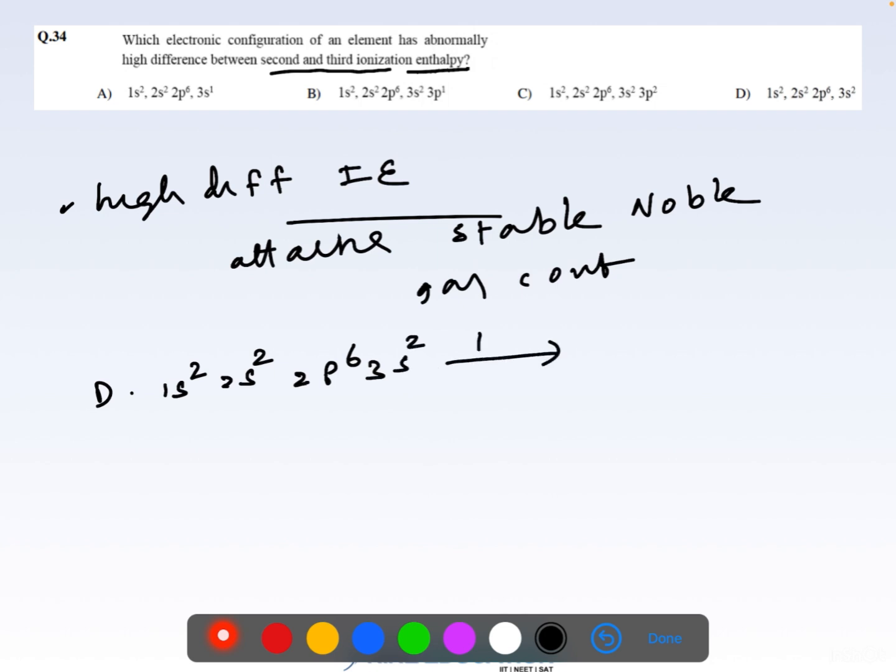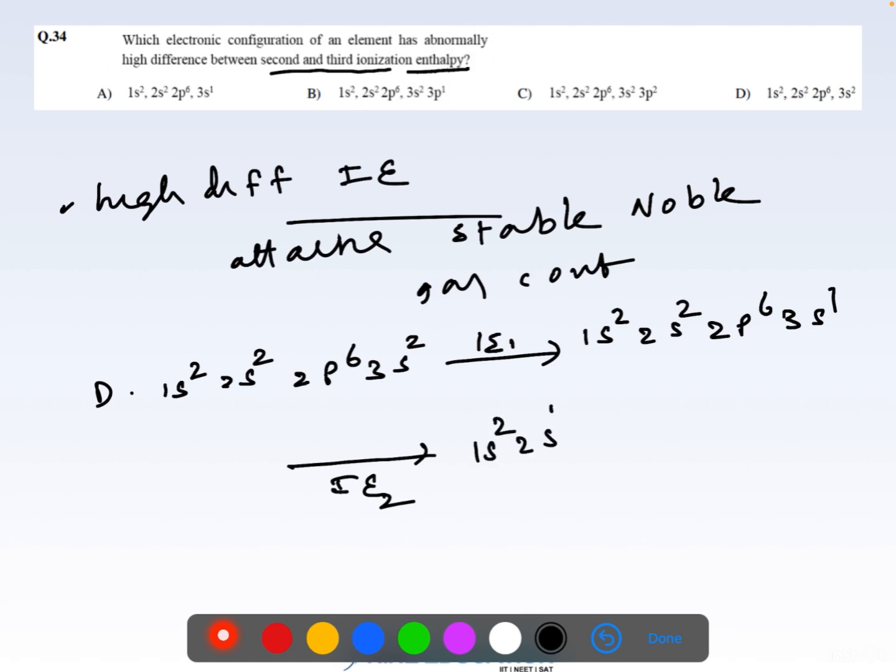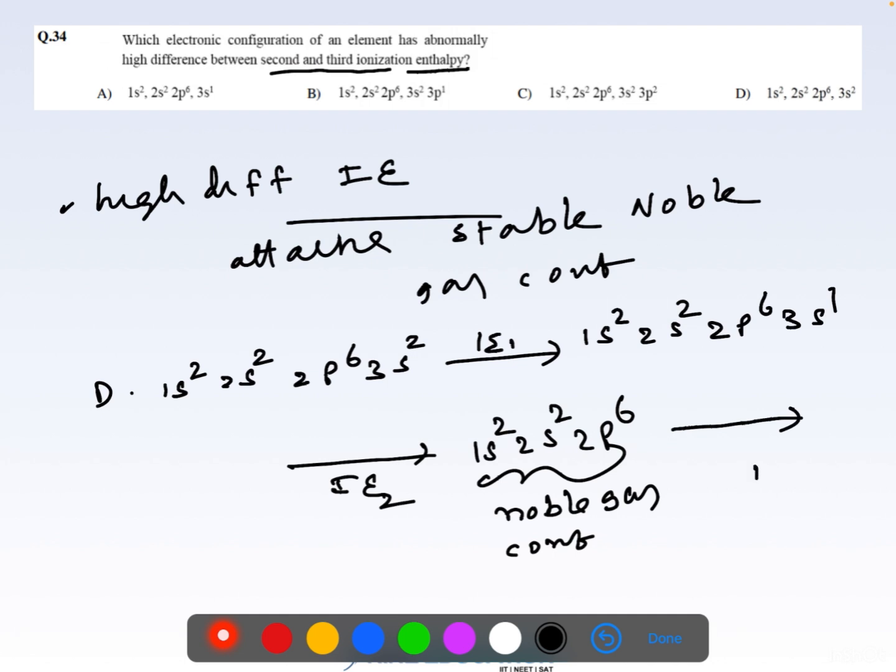After losing one electron, this converts into 1s2, 2s2, 2p6, 3s1. After losing the second electron, this converts into 1s2, 2s2, 2p6, which is a stable noble gas configuration. Therefore, removal of the third electron to get 1s2, 2s2, 2p5 will be very difficult. Therefore, there will be a large difference between second and third ionization enthalpy. So the correct option will be option D.